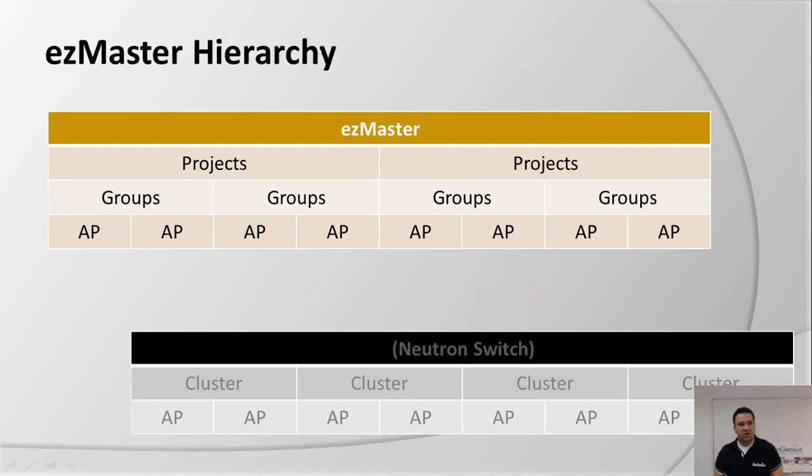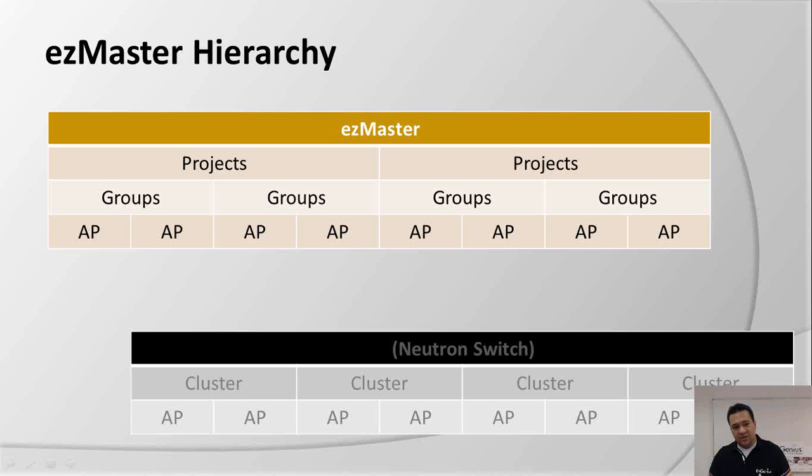Cross-subnet management also includes multi-project configuration. And I'd just like to explain a little bit about the hierarchy of ezMaster. I said that the Neutron Switch has cluster management, meaning that you can make different clusters, and under the cluster you can put an access point. And this is how you can divide different clusters.